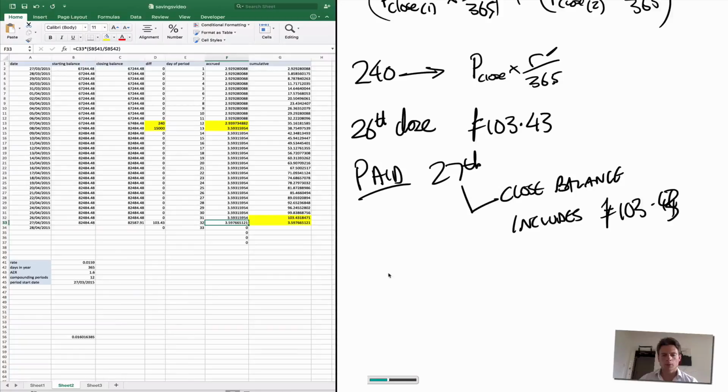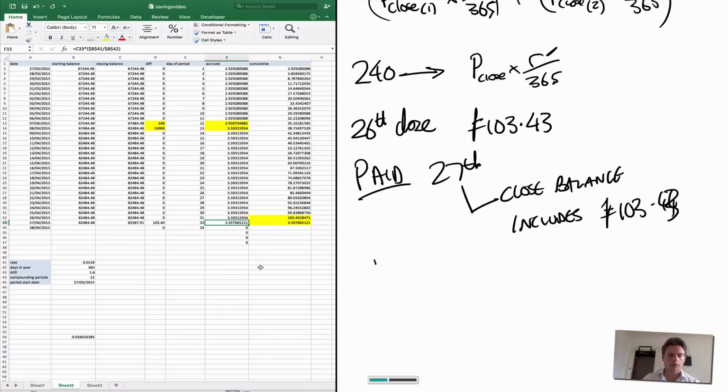So it's a really important point, just to hammer it home: the interest accrues up until the 26th for this period, gets paid on the 27th, is included in the closing balance for the 27th, and therefore the first accrued interest amount for the next period is slightly higher than before.